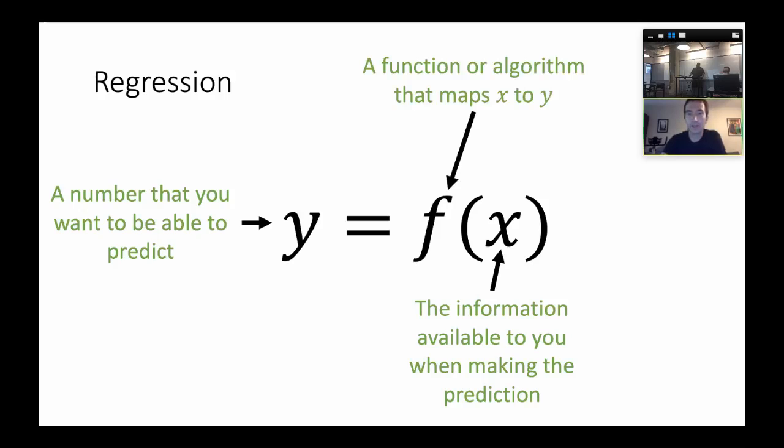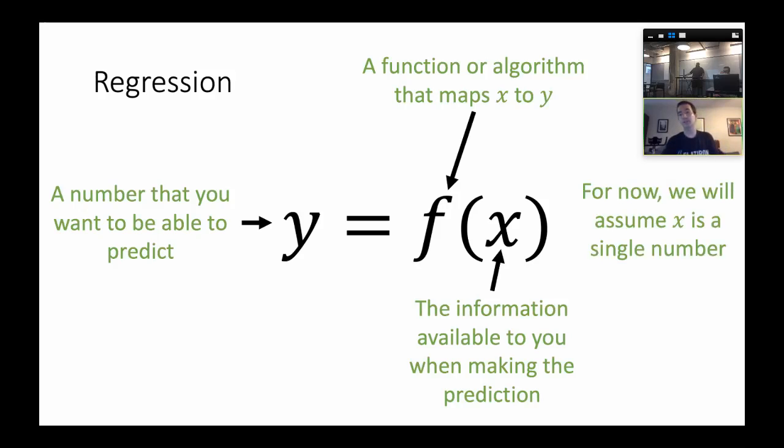Importantly, solving a regression problem has to do with finding a function or algorithm f, in this case, that maps x to y. For the purpose of this presentation, we're going to assume that x is just a single number. A lot of these concepts, or all of them, will generalize to higher dimensions than that, but for the simplicity of illustration, we're going to consider x to be a single number.